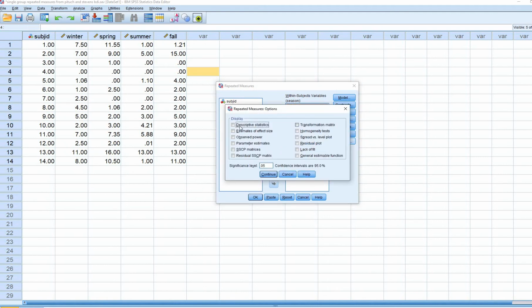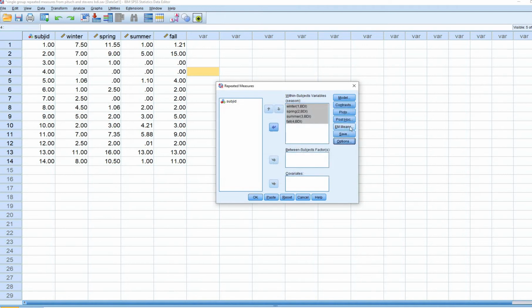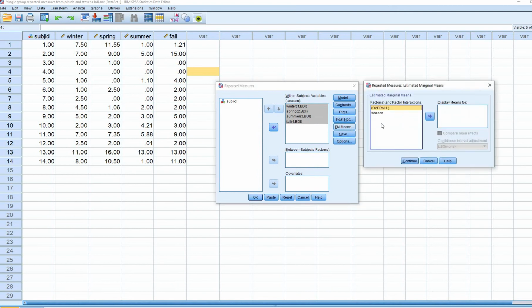We'll click under Options, and I will ask for descriptives, effect size. I can ask for power. We'll click on Continue. Under EM means, this is the estimated marginal means, and I'm going to click on both of these and move them over to the Display Means box.